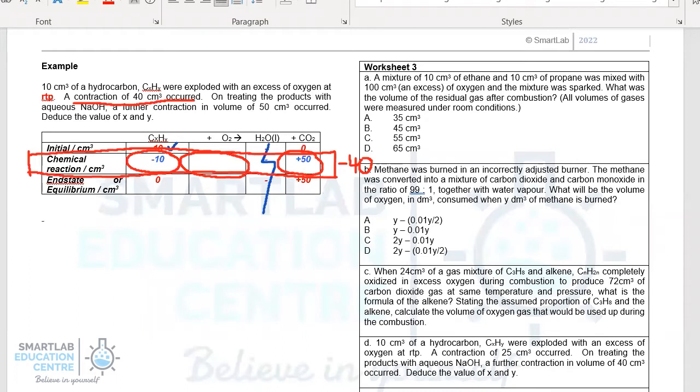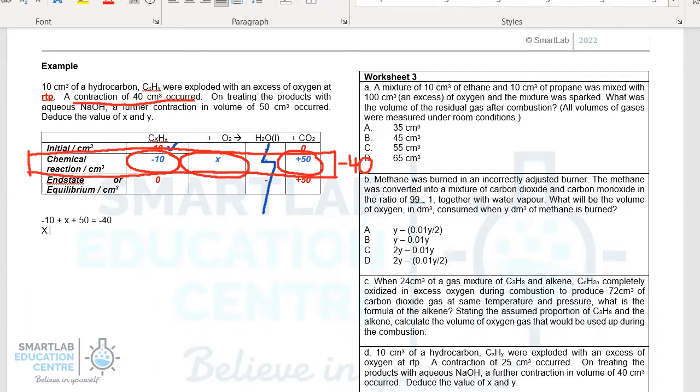So if we let this be x, then minus 10 plus x plus 50 is equal to minus 40. And from here, we know that x is equal to minus 80. So x is now minus 80.